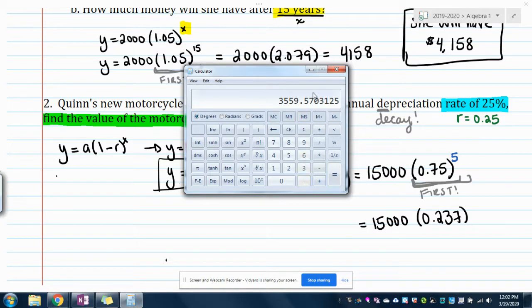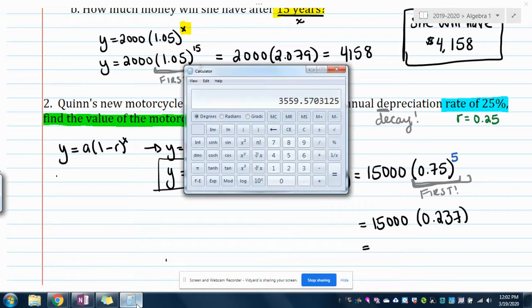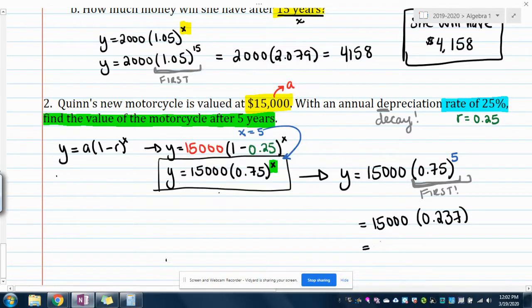I'm going to cut it off here. If this was a 6, I would put an 8 here. I would round it to the nearest cent. There's only hundredths in cents. So it's going to be equals, oh, I forgot what it was. 3,559.57.